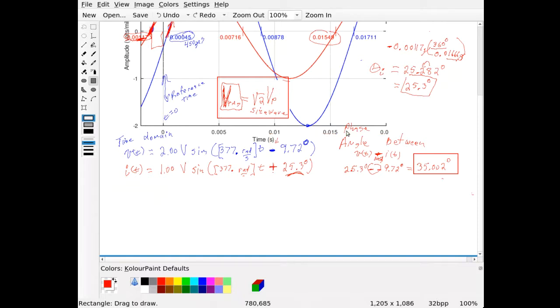All right, so now we're going to go to the phasor domain.